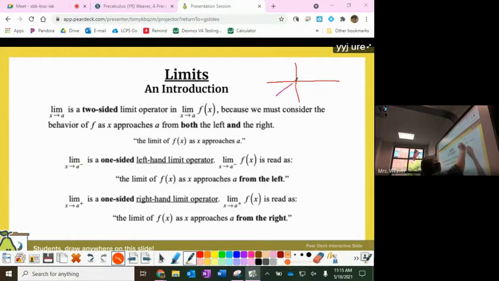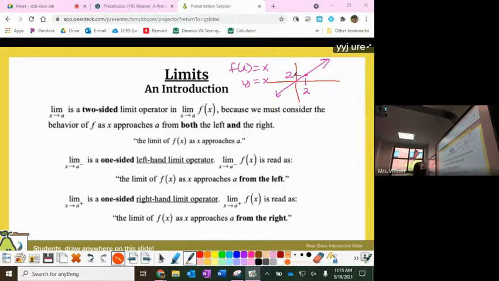If I had a function, let's start with an easy one, our linear parent function. If I said f of x equals x, this is just the linear parent function, y equals x. Okay, we have it graphed there. So when we ask for the limit as x approaches a number, let me say that this is 2, and so of course we know that it would cross at positive 2.